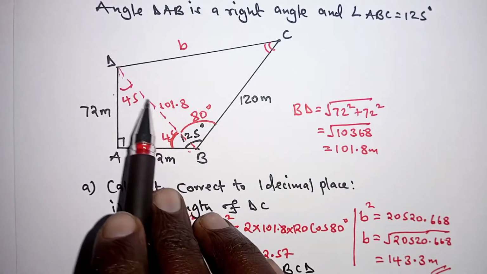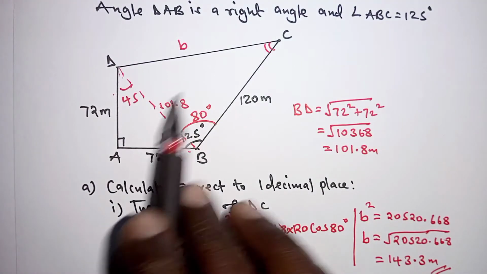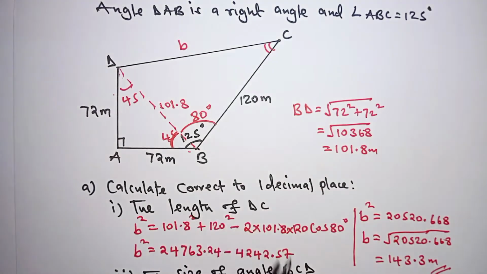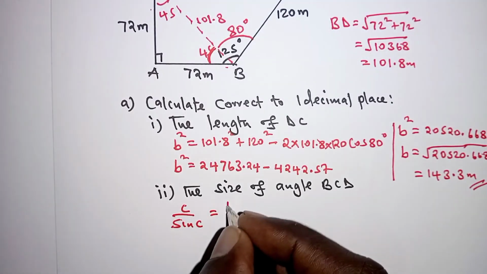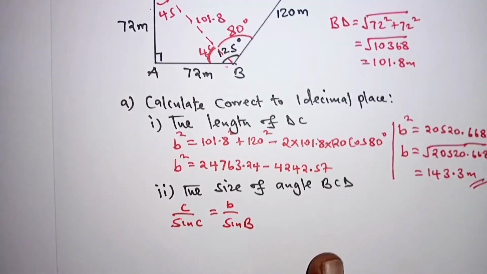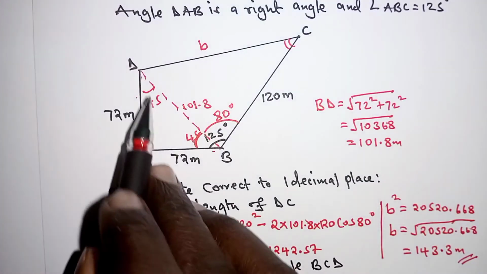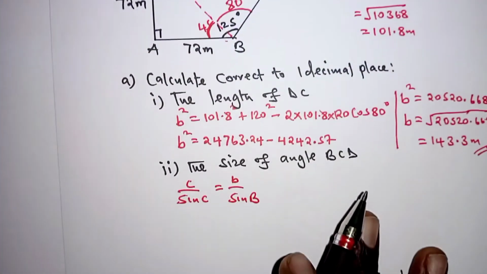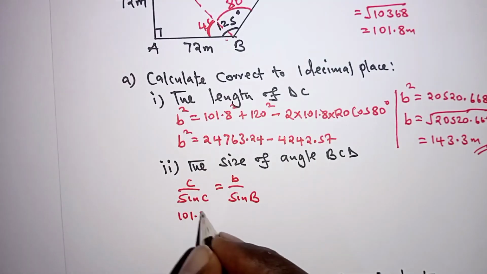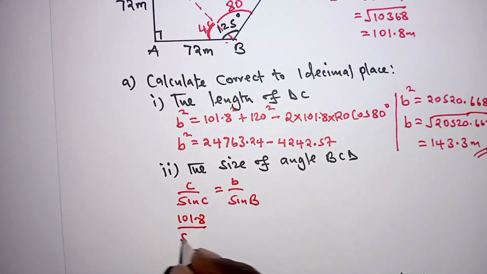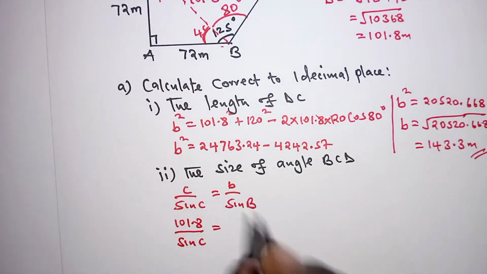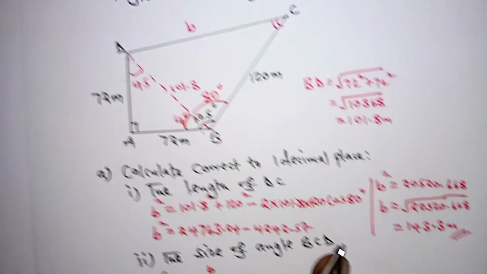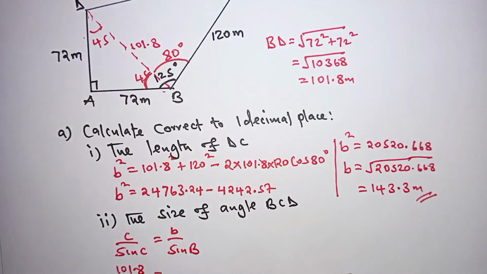Remember, we can say this side, which is C, over sine C should be equal to B over sine B. Now, C is this side here, which is 101.8 over sine C, of which we are looking for angle C. And then we equate that to B. The size of B we already have as 143.3 meters.